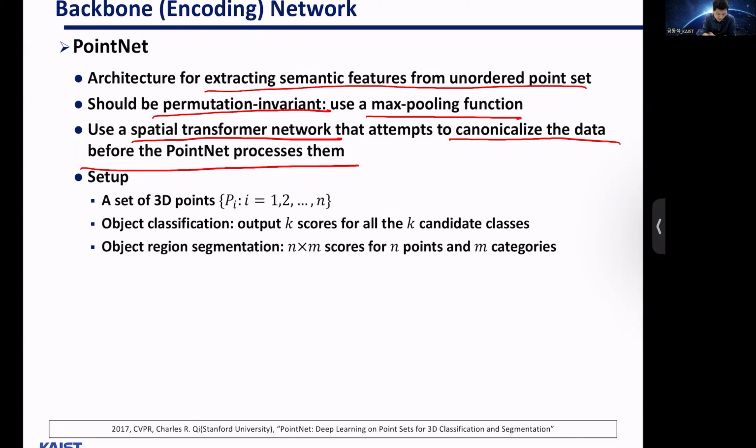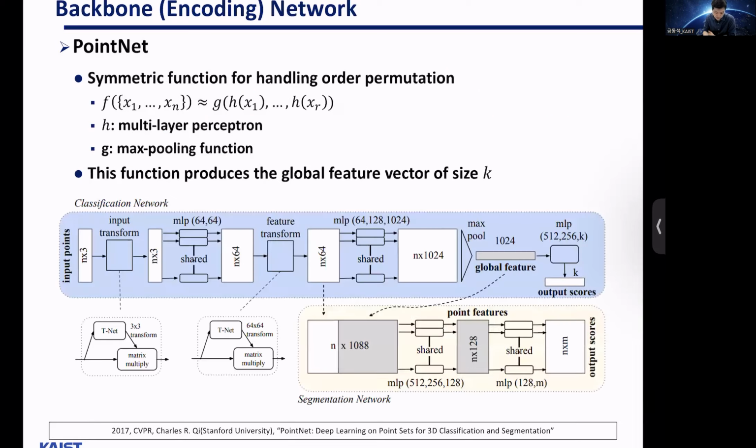So the problem is we have a set of 3D points and we want to do classification and segmentation for this point cloud input. Here are some of the key features.